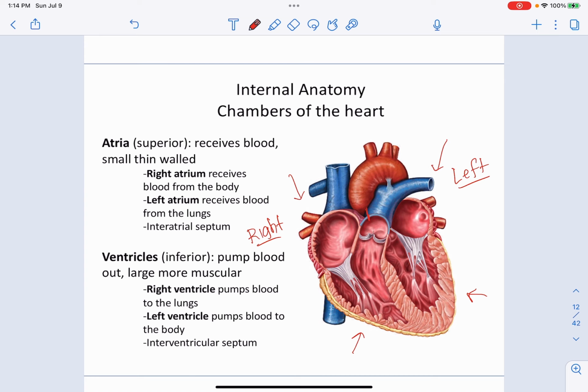The right ventricle is going to pump blood to the lungs, and the left ventricle is going to pump blood to the rest of the body. And you can see that there is also a septum between the two ventricles, and that is called the interventricular septum.